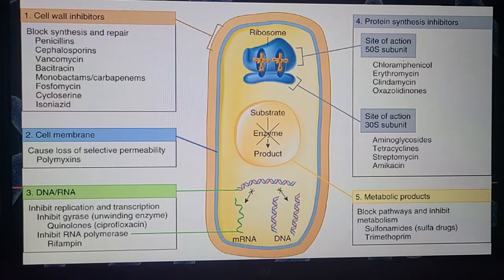And the last target will be metabolic products or pathway. The one that block this metabolic pathway is sulfonamide and also trimethoprim. So make sure you study again these targets of drugs. Okay, so aminoglycoside is the one that bind to the 30S subunit.